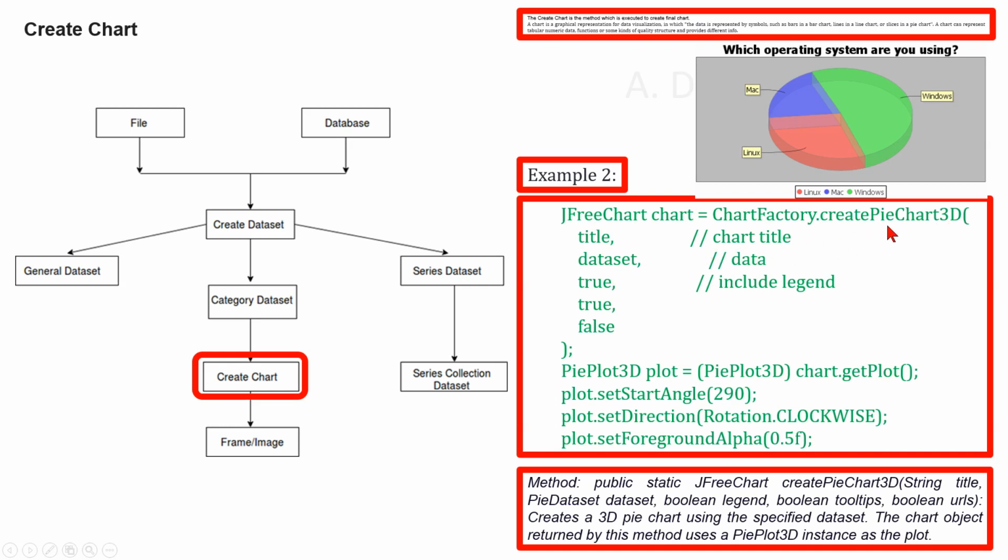The chart object returned by this method uses a PiePlot3D instance as the plot. Here the title, the chart title, null permitted; dataset, the dataset for the chart, null permitted.